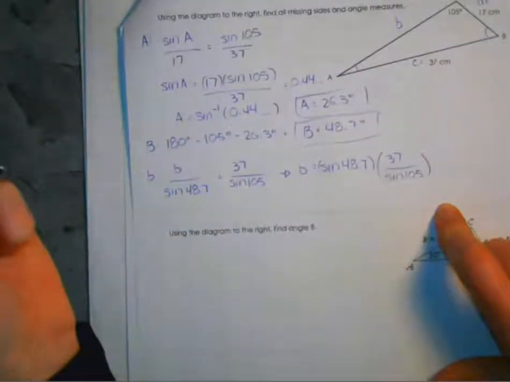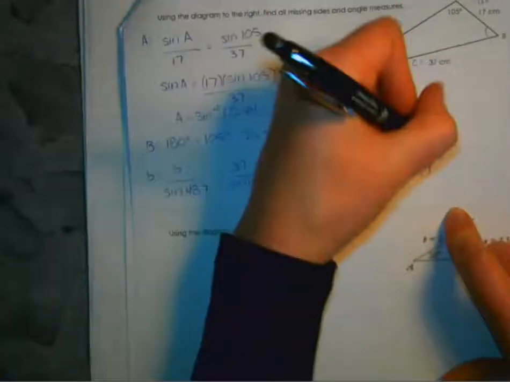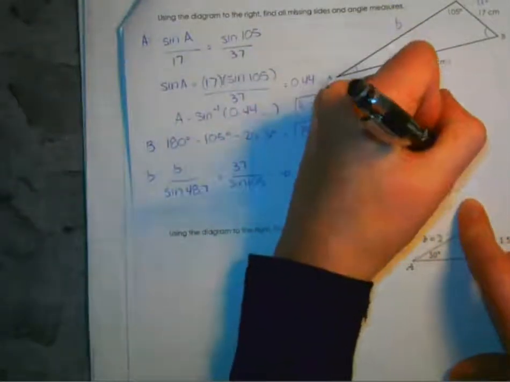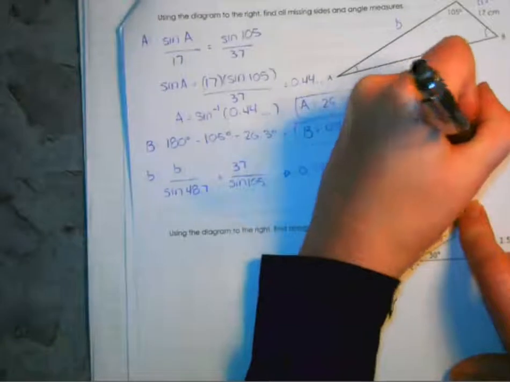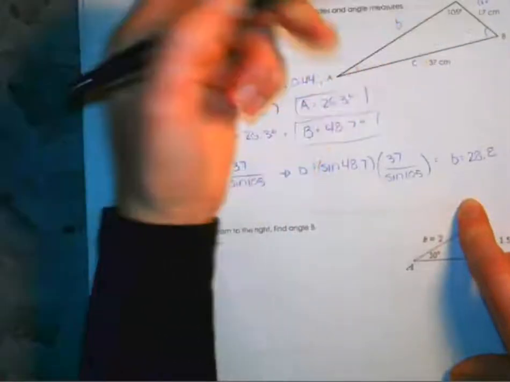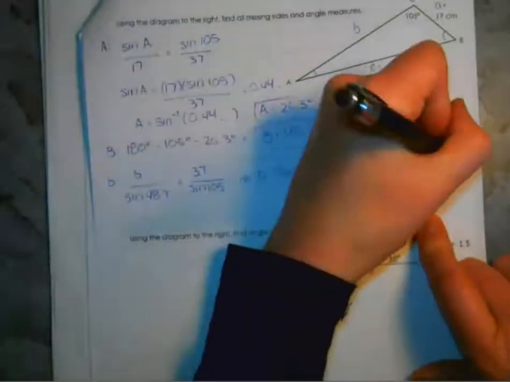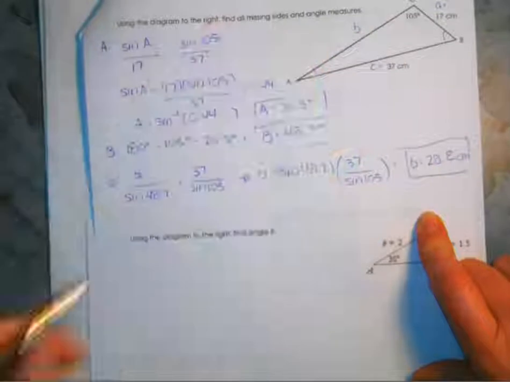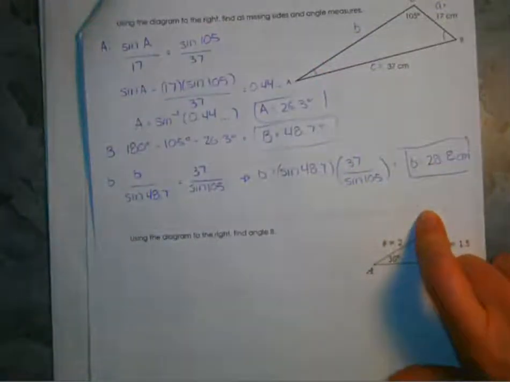And that gives us side B being equal to 28.8. And because we were given units of measurement for these sides, we want to maintain that in our answer here, so cm should be in there. Okay, so there's our final answer for that one.